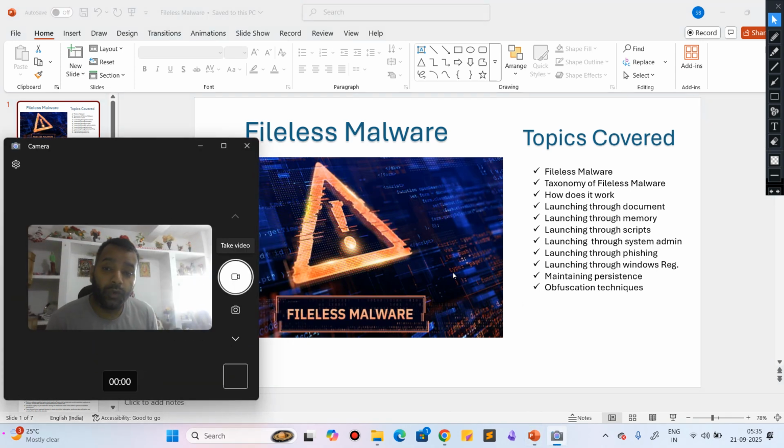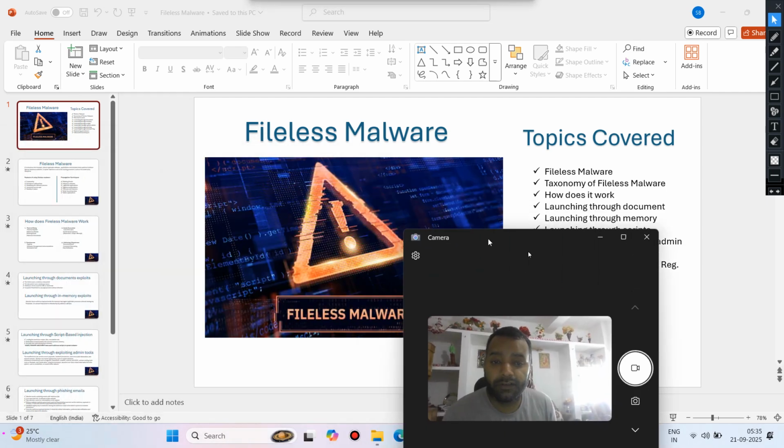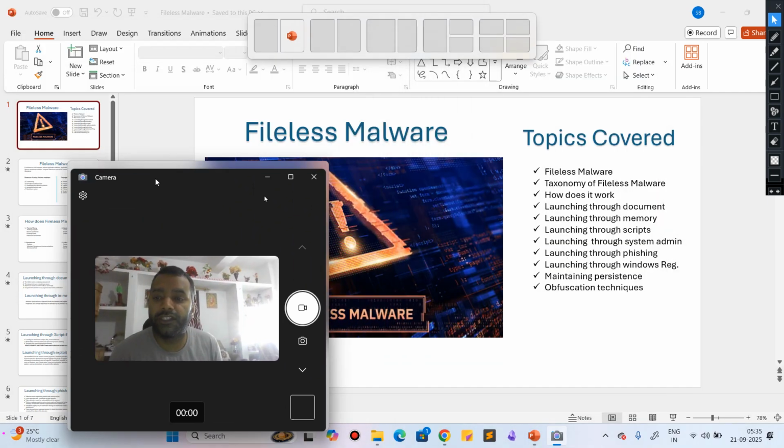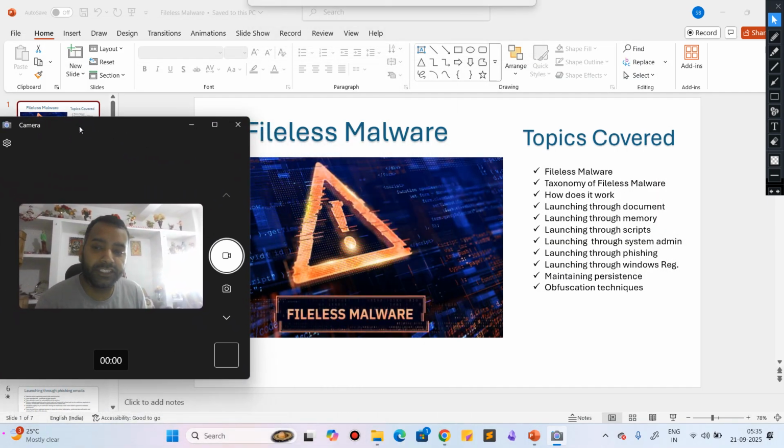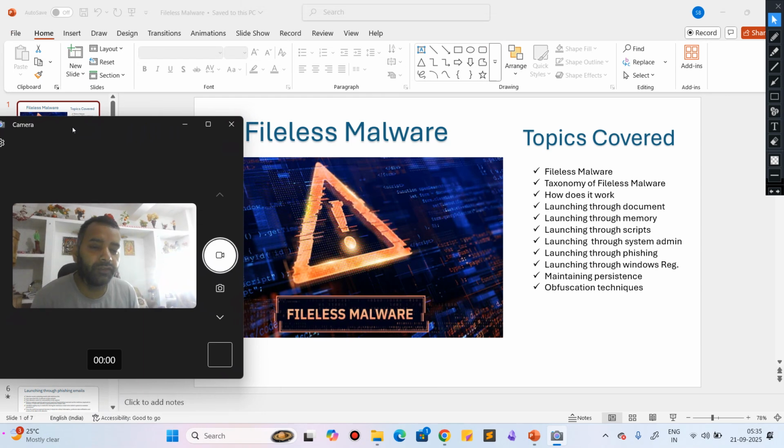So friend, this is all about fileless malware. If you are new to these malware topics, I understand it's quite difficult to understand all these things, but I would suggest going through my previous videos on viruses, types of viruses, how viruses work, what malwares are, how malware works, what Trojans are, and how Trojans work.